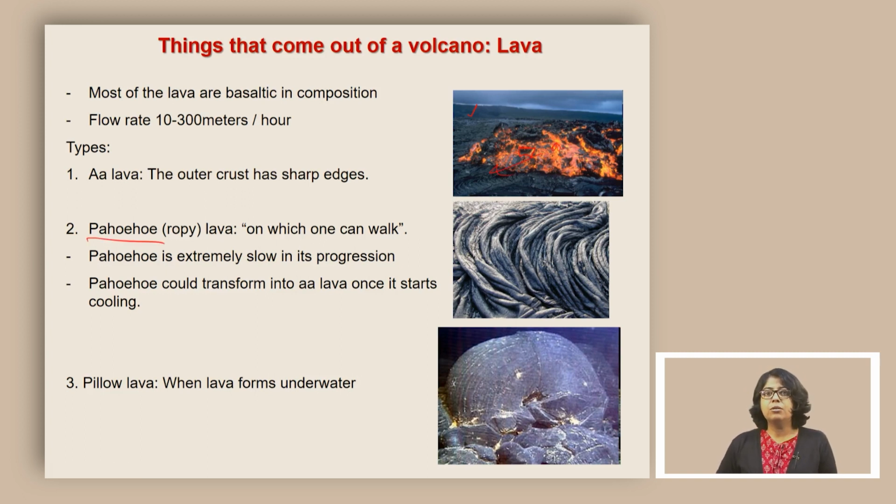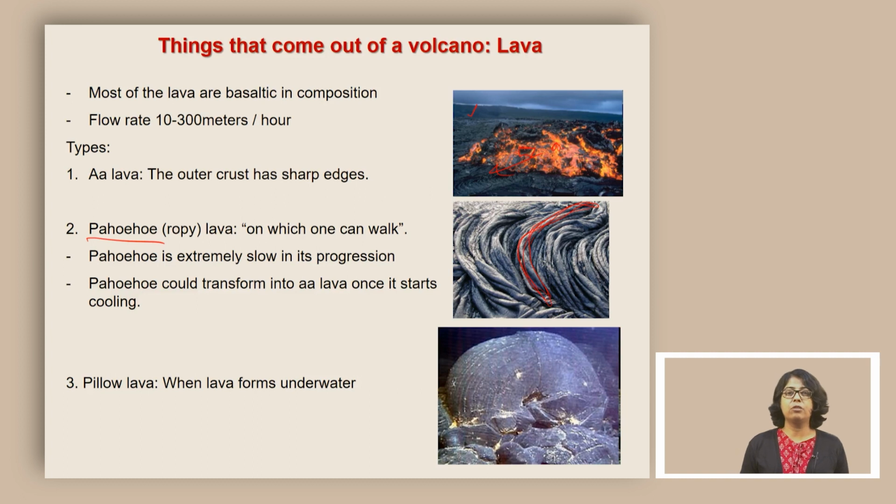Pahoehoe lava is quite slow in its progression because it has already lost most of the push for forward movement, and you can see that there are no sharp edges. It actually creates a rope-like appearance where the entire surface is covered by crust formation, the formation of solid rocks, and Pahoehoe literally means something on which one can walk, indicating that it is very, very slow.